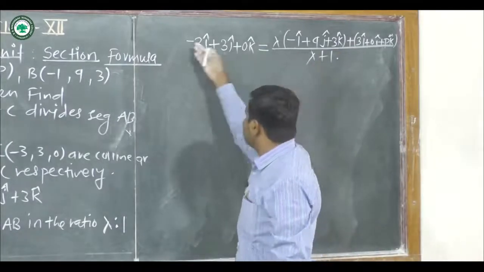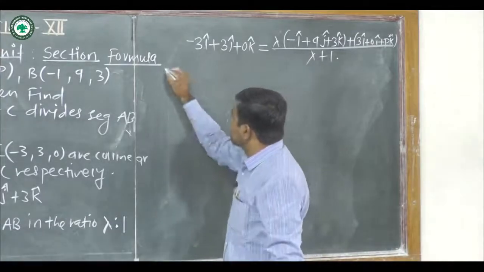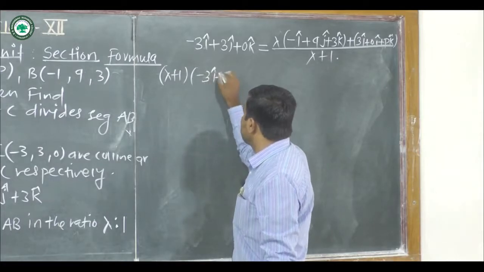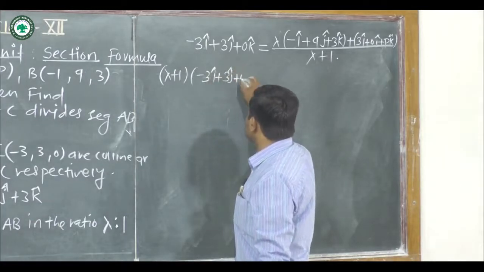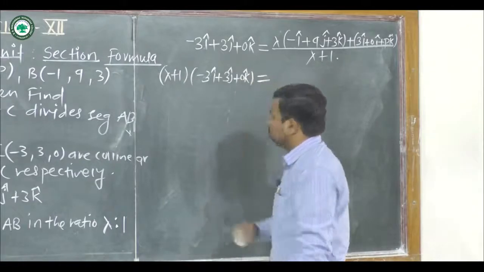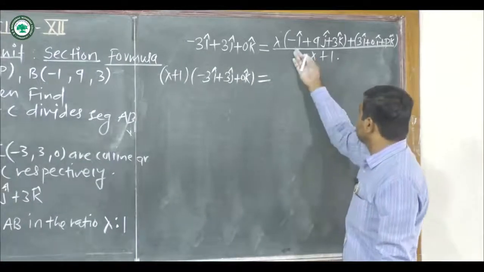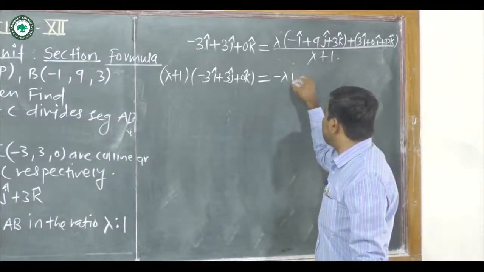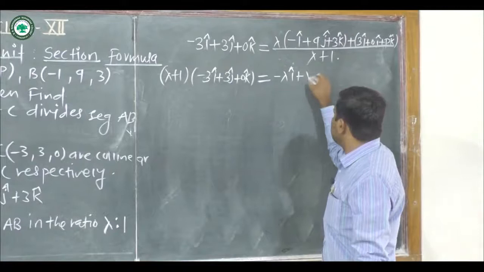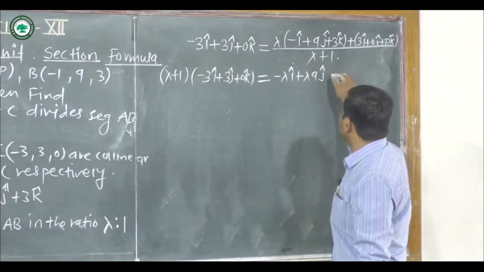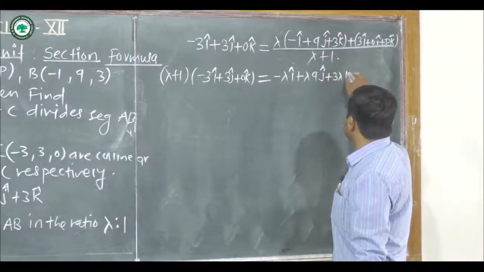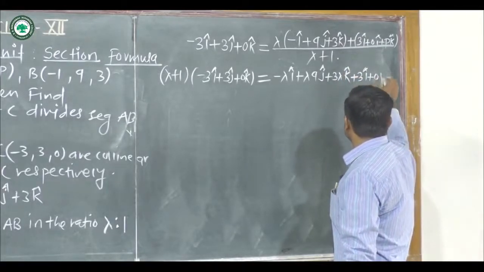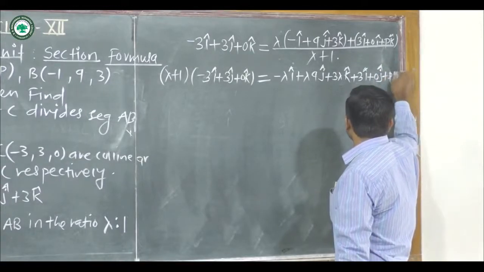Now shift this lambda plus 1 to left hand side, so it is lambda plus 1 into minus 3 i cap plus 3 j cap plus 0 k cap is equal to. Now multiply this bracket by lambda: minus lambda into i cap plus lambda q into j cap plus 3 lambda into k cap, plus 3 i cap plus 0 j cap plus p k cap.